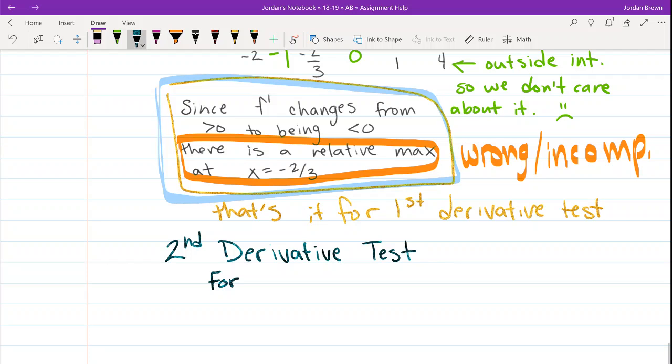Now, the second derivative test for critical values, yes, you can use increasing and decreasing instead of greater than 0 or less than 0.